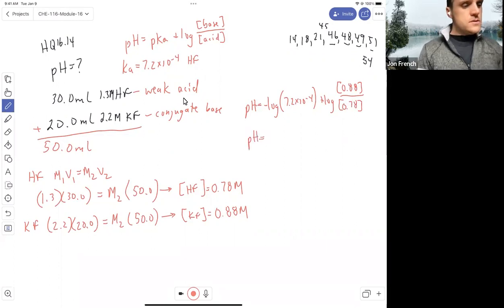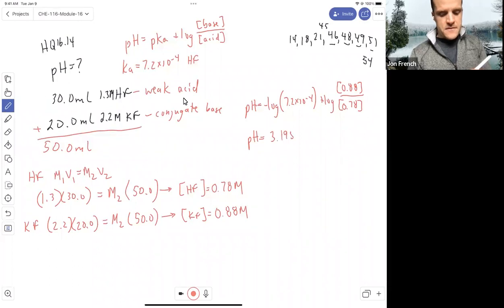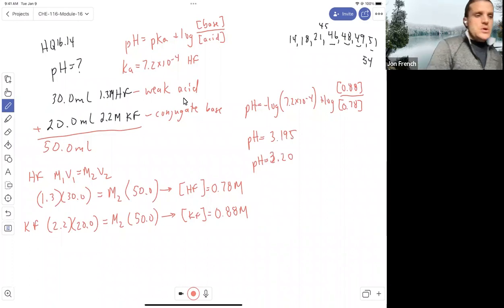So pH equals negative log of 7.2 times 10 to the minus 4 plus the log of 0.88 divided by 0.78. And I get a pH of 3.195, which I would round up to a pH of approximately 3.20 for this question.